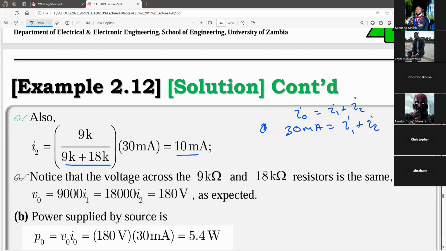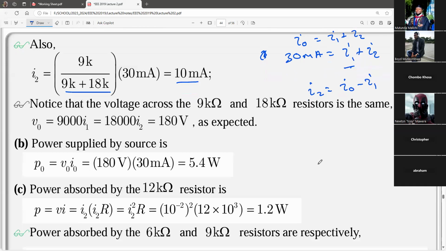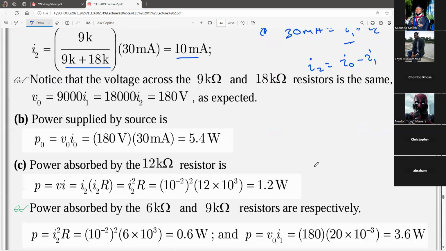Then once you get I1, you can say I2 is equal to I0 minus I1. It will still work if you don't want to use the second current divider expression to determine I2. And then you know the V and I, you can determine the power.